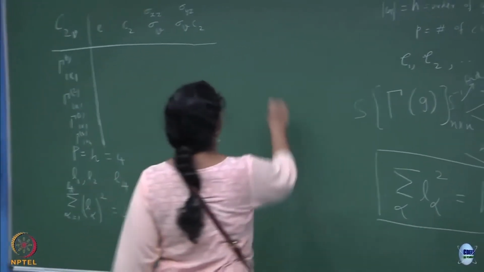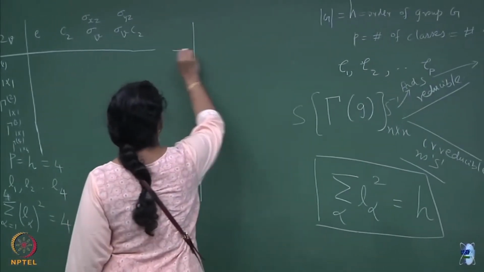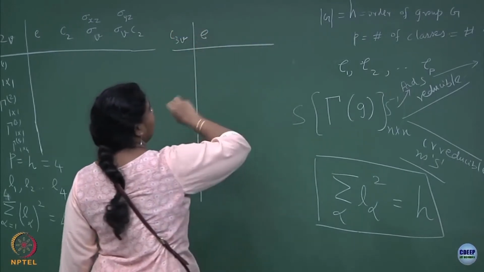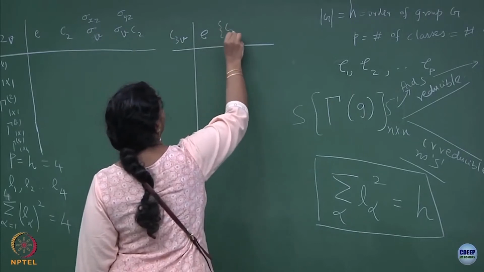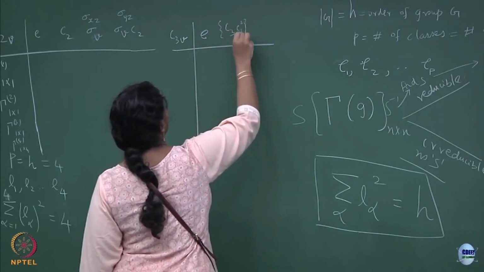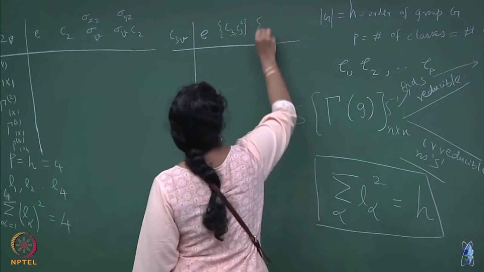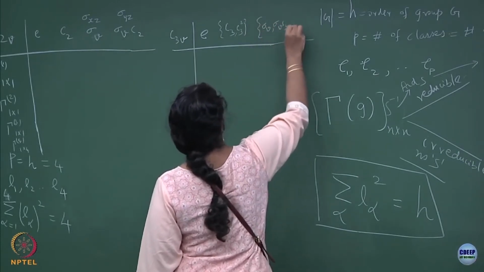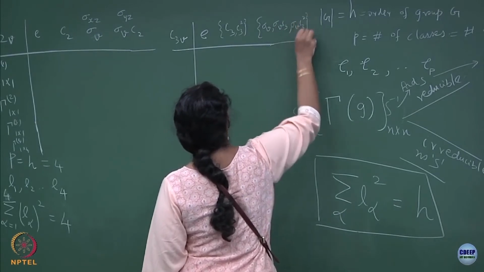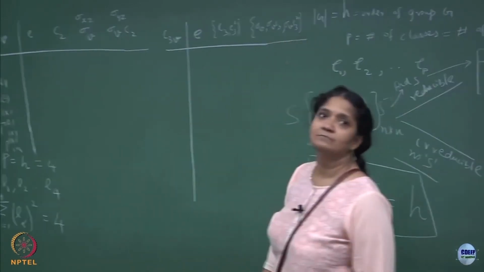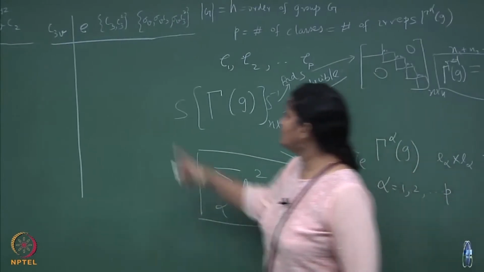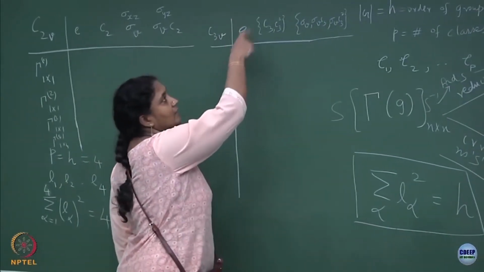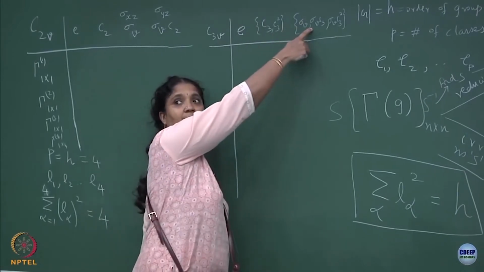Okay. So, let us do the C3V also here. Identity is one conjugacy class, C3 and C3 squared form the second conjugacy class, and sigma V, sigma V C3, sigma V C3 squared form the third. Okay. So, in this case what is the number of classes? 1, 2 and 3, right.